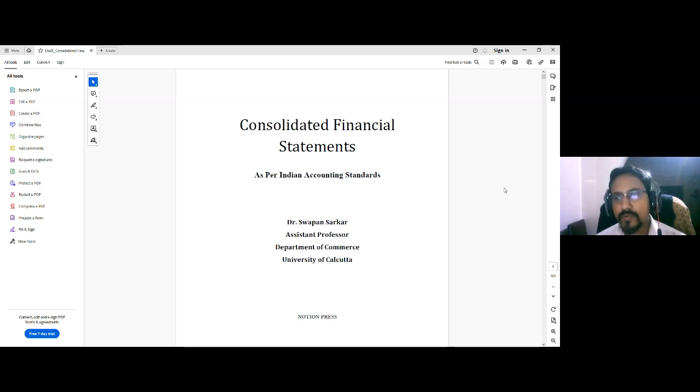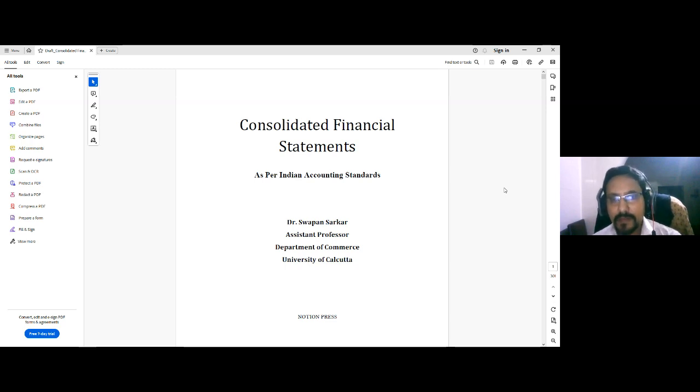As you all know, we have two sets of accounting standards. One is the old accounting standards, known as accounting standards as per the Companies (Accounting Standards) Rules, 2021. On the other hand, there is a separate set known as the Companies (Indian Accounting Standards) Rules, 2015. At the undergraduate level in most universities, this topic, holding company accounts or consolidation, is mainly based on the old accounting standard, and the standard which covers it was AS 21.